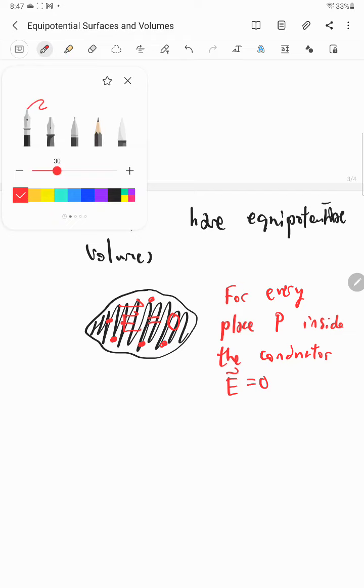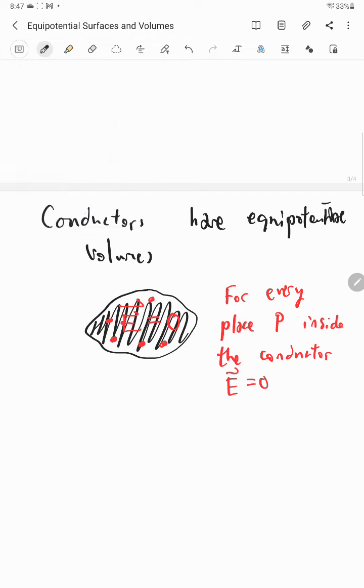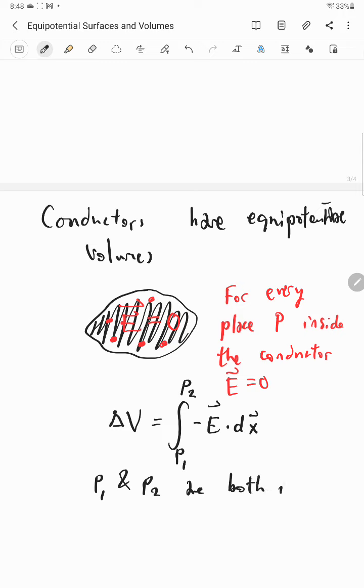So whenever you calculate the potential difference between two places that are inside the conductor, you're going to do this. Right? So place 1 and place 2 are both inside the same conductor. So if they're both inside the same conductor, anytime you do this integral, it's going to add up to 0.